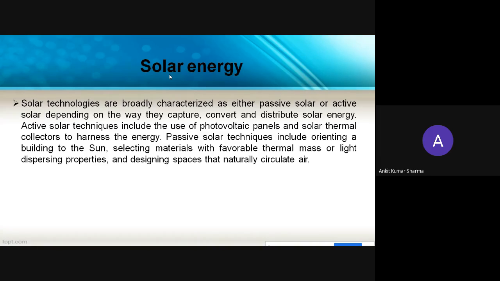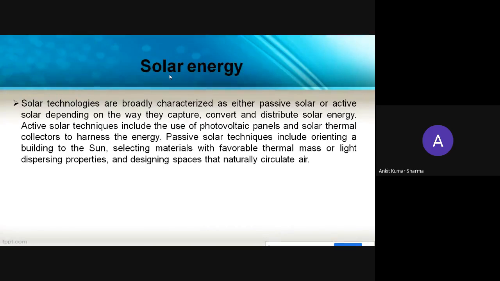And what is the meaning of active solar and passive solar? Active solar techniques include the use of photovoltaic panels and solar thermal collectors to harness or use the solar energy.